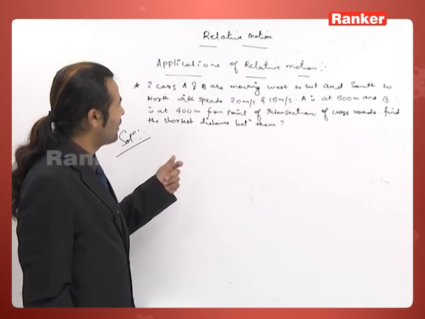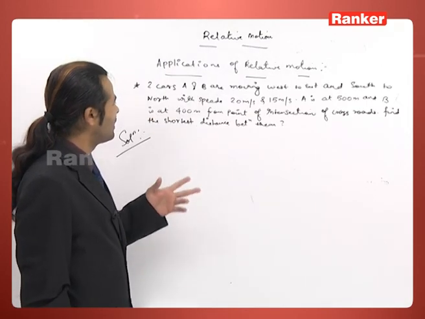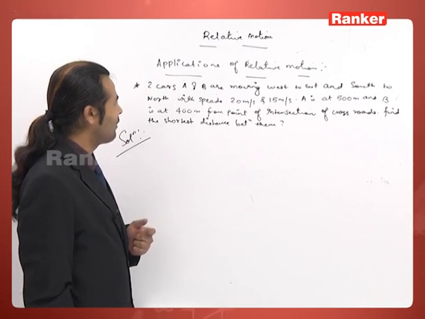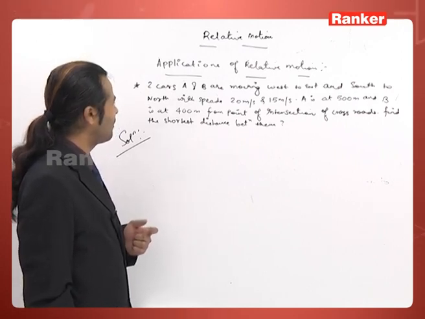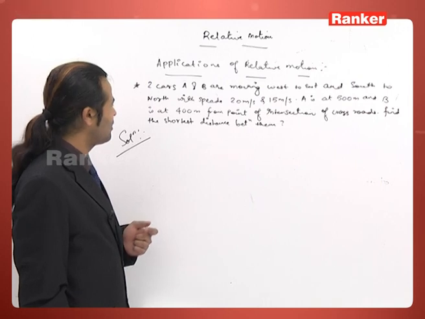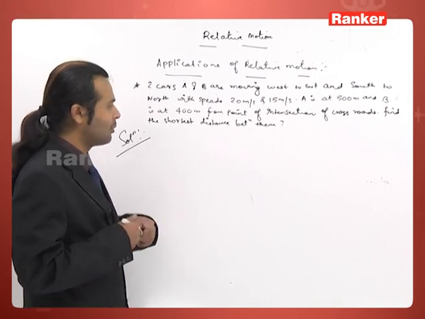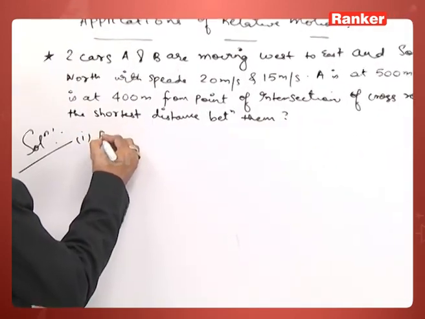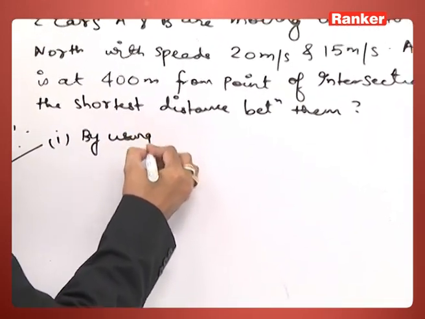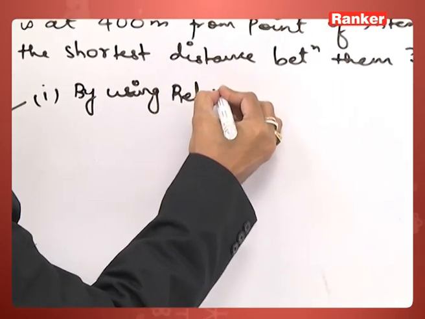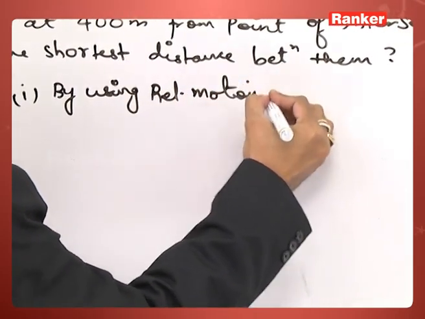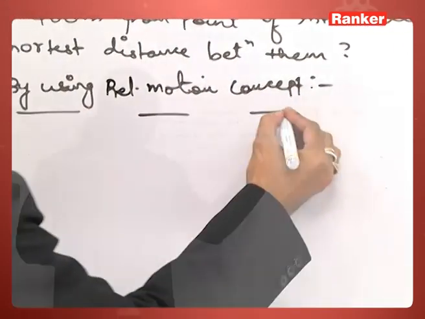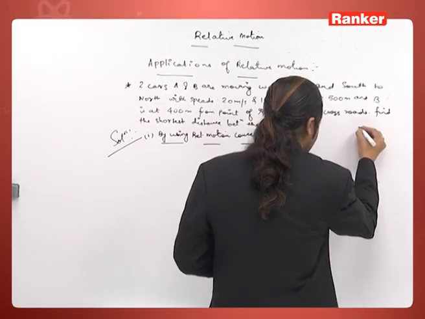Two cars are moving west to east and south to north with speeds 20 meter per second and 15 meter per second. A is at 500 meter and B is at 400 meter from the point of intersection of the crossroads. Find the shortest distance between them. So we will solve this using the relative motion concept, and I'll draw a diagram.